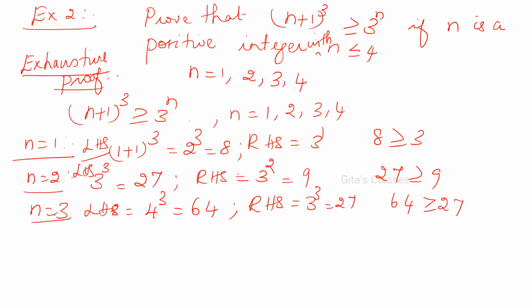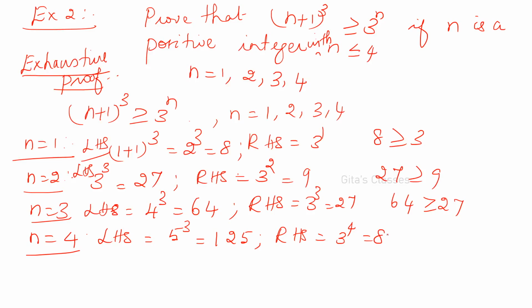Right? Then for n is equal to 4, LHS is 5 power 3. That is n is equal to 4, 4 plus 1, 5 power 3, which is 125. And what is RHS value? It is 3 power 4, which is 81. So 125 greater than or equal to 81. So in all the 4 cases, we have proved that LHS is greater than or equal to RHS.